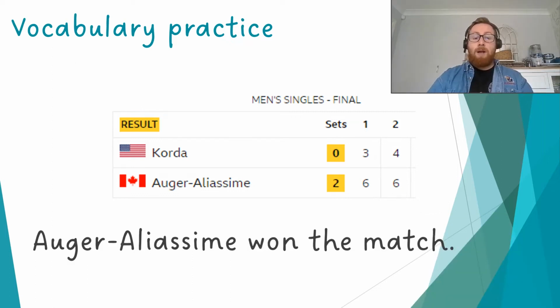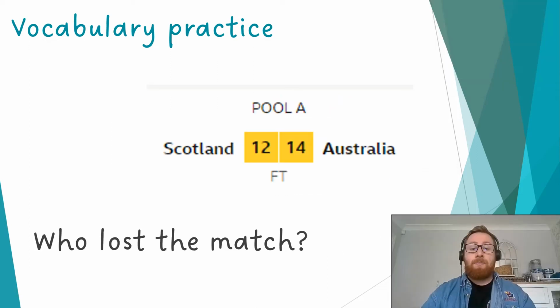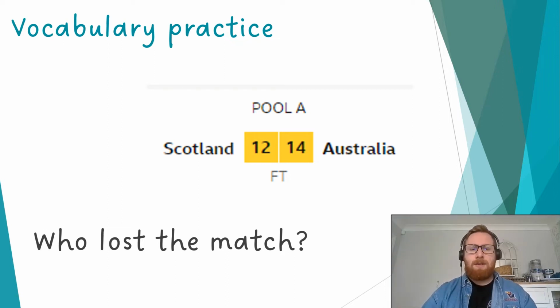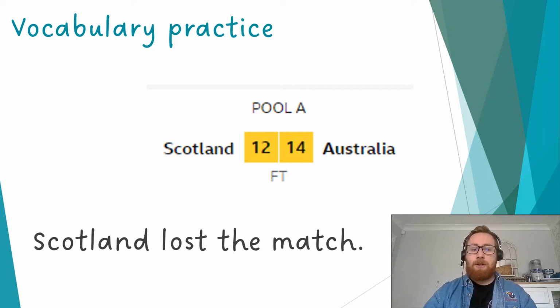So Olga Alasimi, awful pronunciation, won the match. Who lost the match? Who lost? Scotland lost the match. So this is how lose and win, won and lost change when we're talking about things.